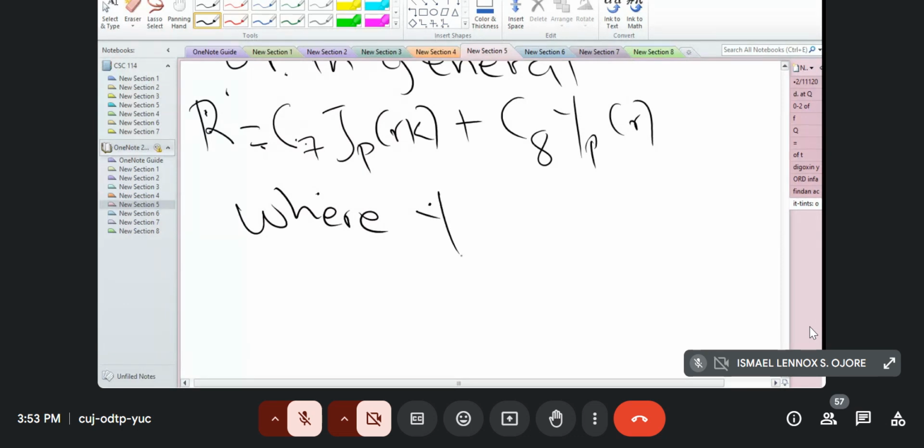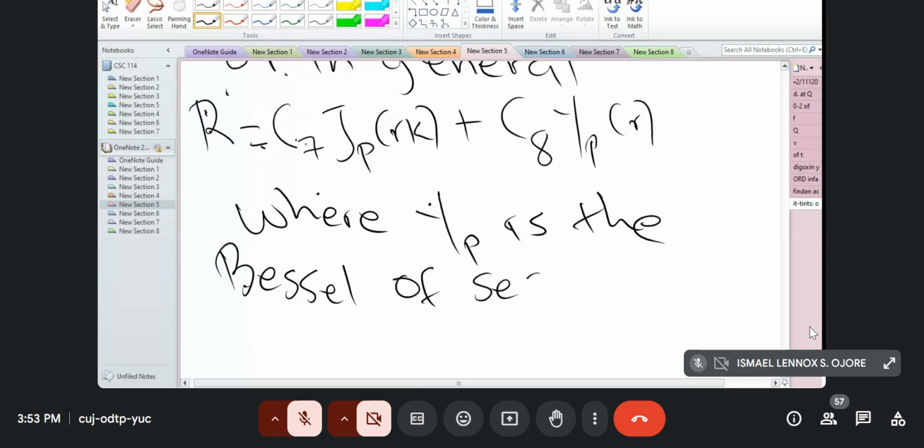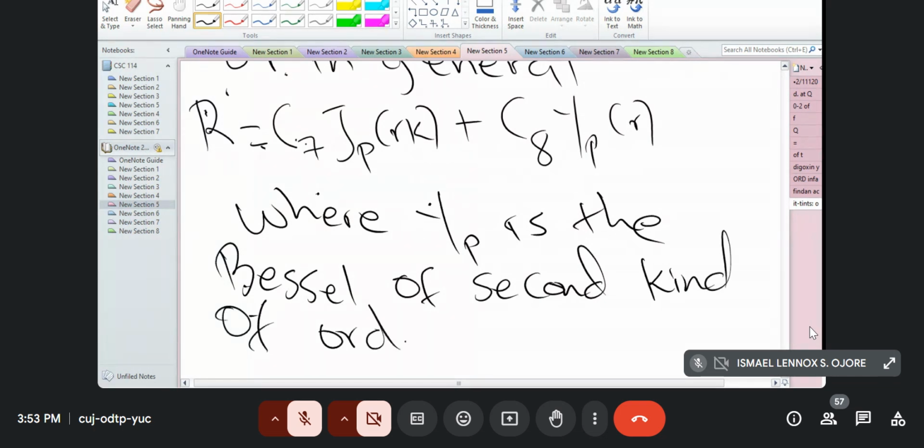We need to define Yp. Yp is the Bessel function of second kind of order p.